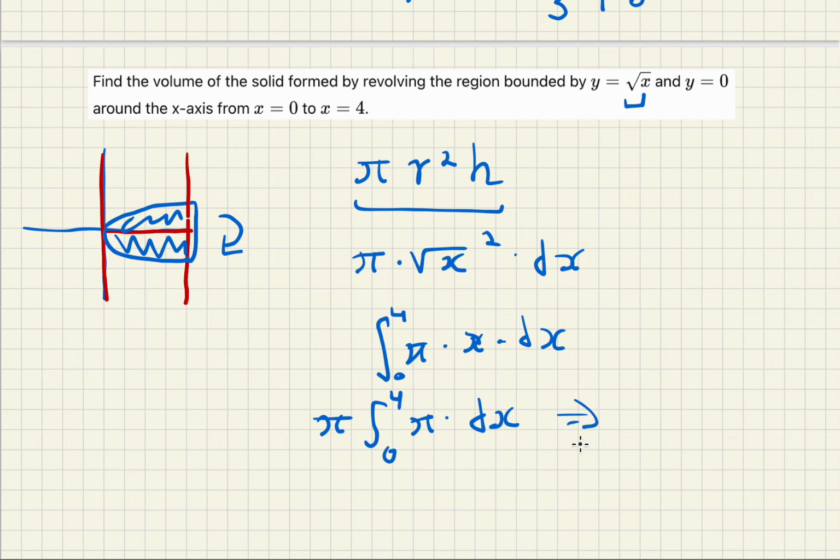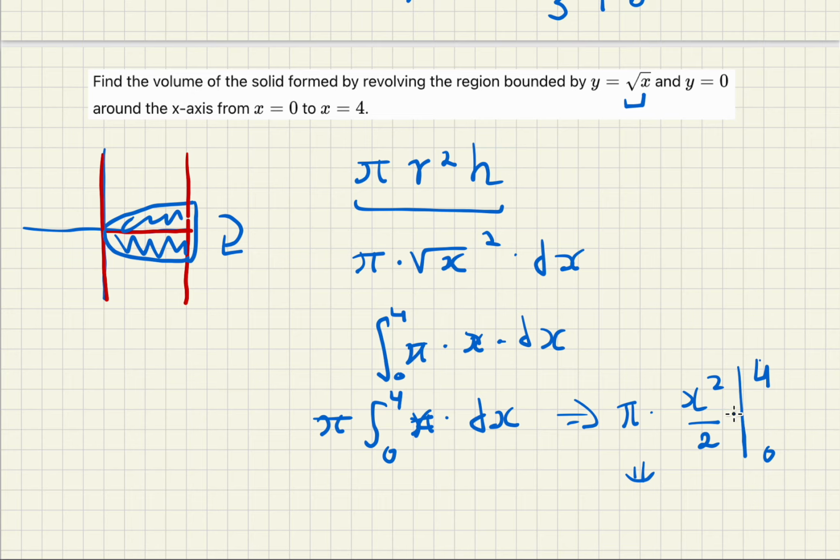And so integrating this, we get pi. Wait, no, that's not pi, that's x. Pi times x squared over 2 evaluated from 0 to 4. And so that was just the power rule, x squared over 2.